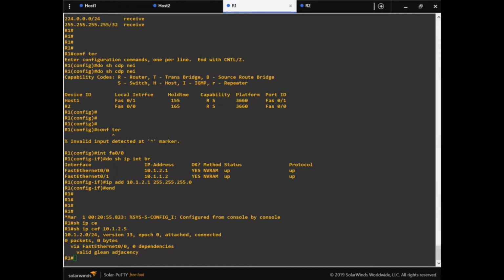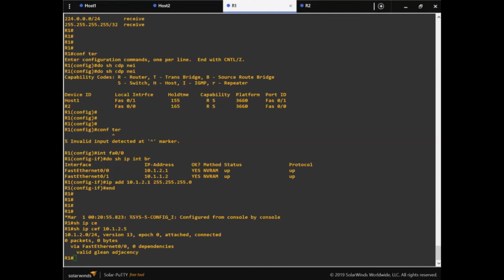Ravinder, one question. Go ahead. Hello. Yes, go ahead. Just one visible definition for punt and glean adjacency, so that I can note it down.